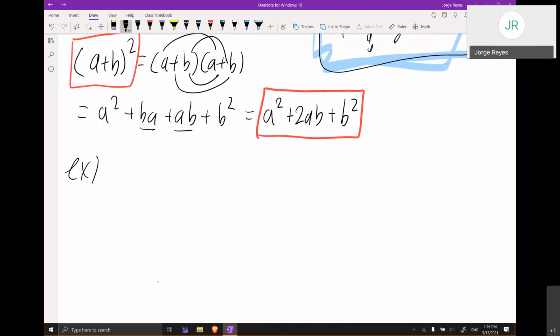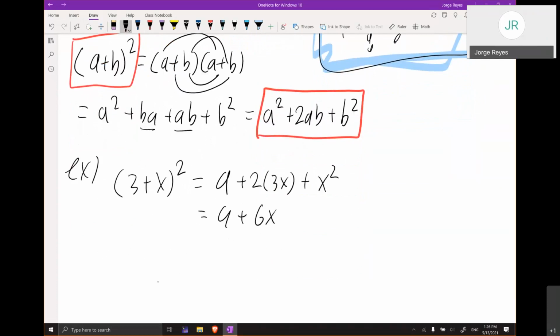So besides that, example, so let me use that, right? 3 plus x squared. So 3 plus x squared is going to be 9 plus 2 times 3x plus x squared. So 9 plus 6x plus x squared.